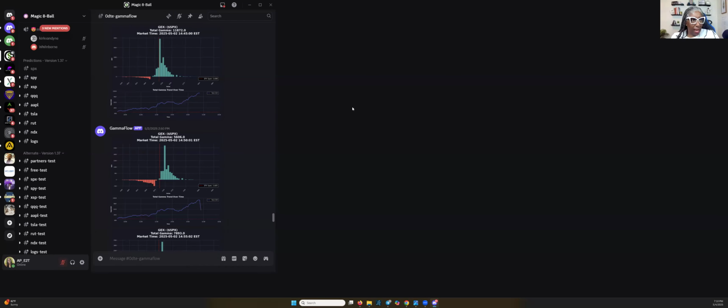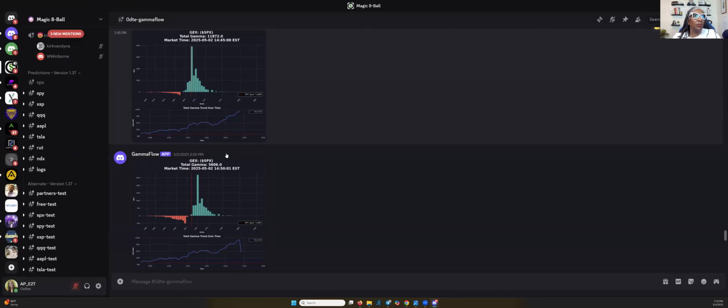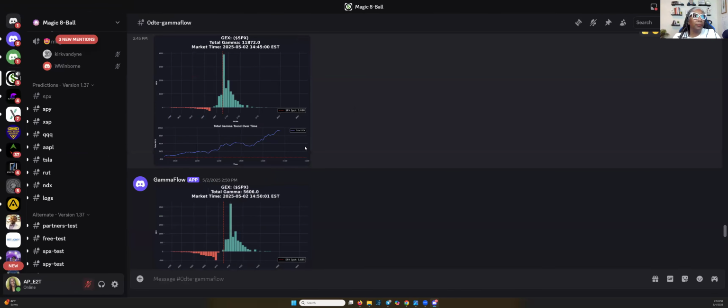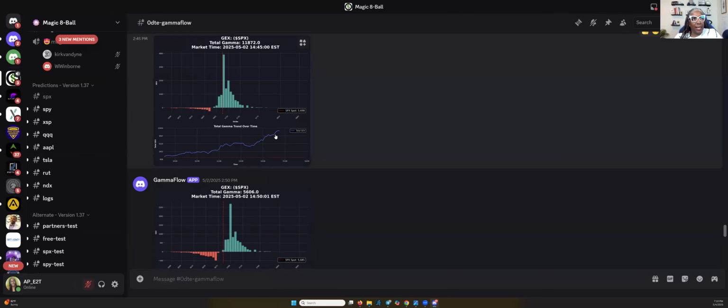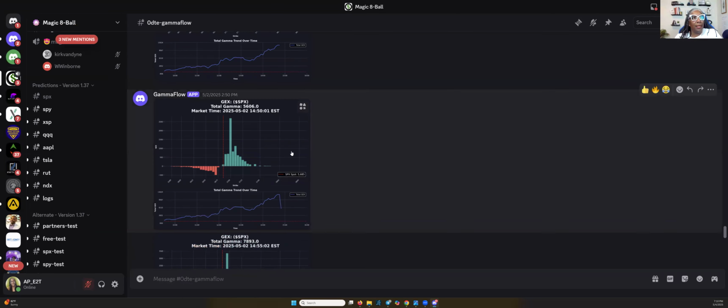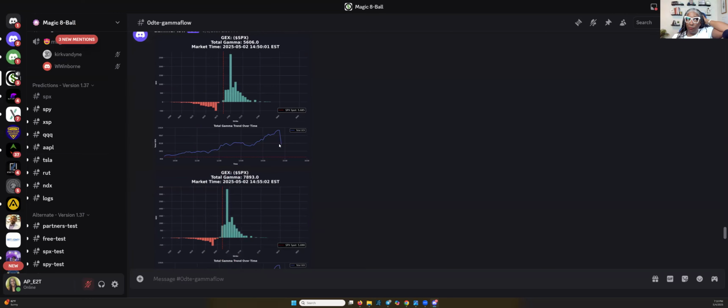I'm gonna scroll us through this. But when we're looking here at the bottom, let's look at the bottom chart now. You see this blue, it's been climbing. This is 245, and then at 250, see how it drops off right here? That may be something to let us know that the Gamma is starting to fall off.